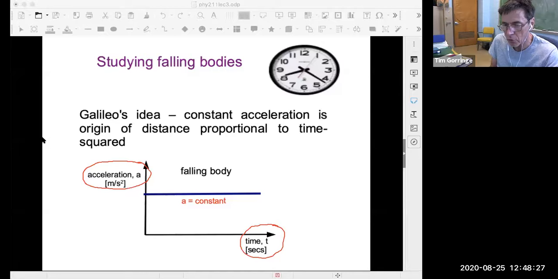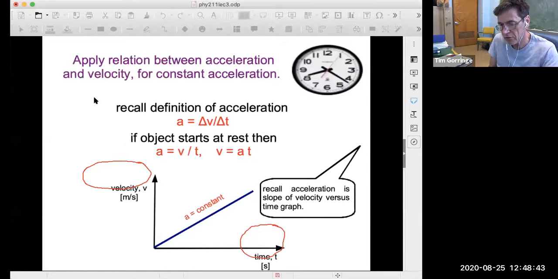And so we're going to explore the consequences of that. And we're going to do that using the work we did in the last class on the description of motion, on acceleration, velocity, displacement, and how those things are related to one another. Okay, so there are going to be 2 steps here. This is the first slide, there's going to be a second slide.